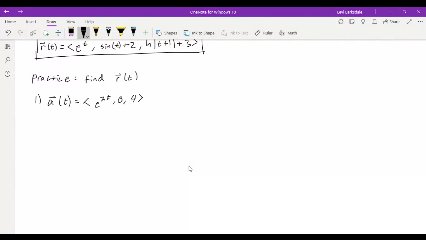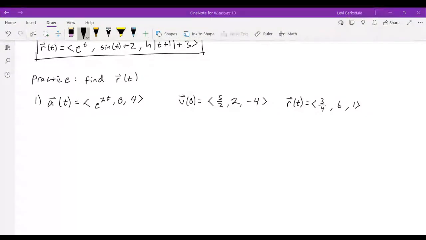And you also know that your initial velocity is equal to (5/2, 0, -4), and your initial position is equal to (3/4, 6, 1). And I'll give you a couple minutes to work that out.